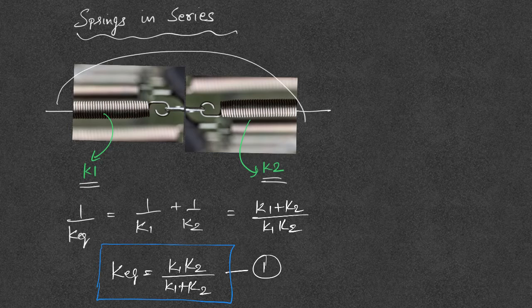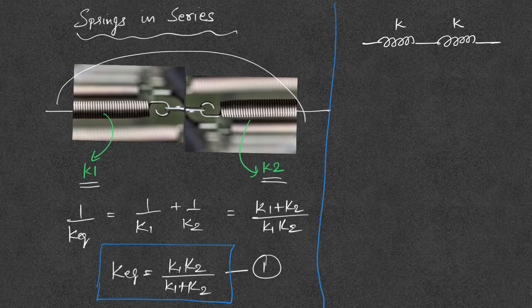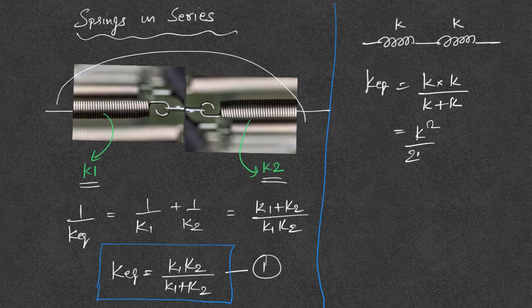Now let's see what happens when you have two identical springs having the same spring constant connected in series. Looking at the formula, the K equivalent would be K into K divided by K plus K. So what you end up getting is K square upon 2K, and that is K upon 2. Very interesting. The equivalent spring constant is K upon 2, where 2 is the number of springs.